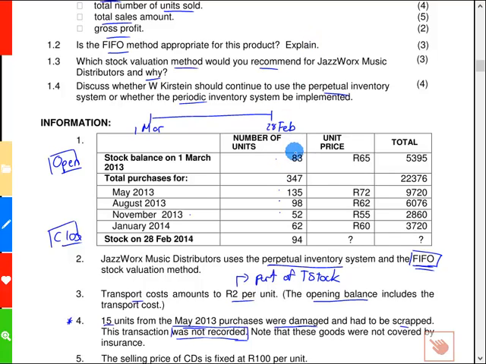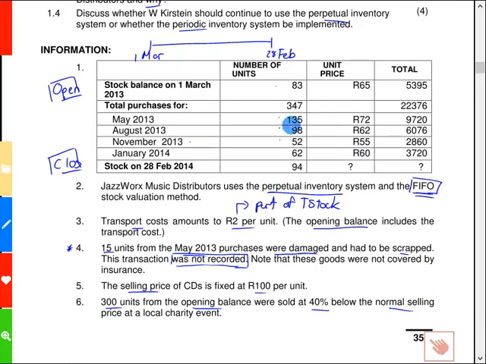So the 83 units will probably be sold first, then the 135, then the 98, etc. We do also, however, know that of this 135 units that was purchased in May, 15 of these units were damaged and had to be scrapped. So 15 of these units would not be sold because it's been scrapped. So we would never have sold those.